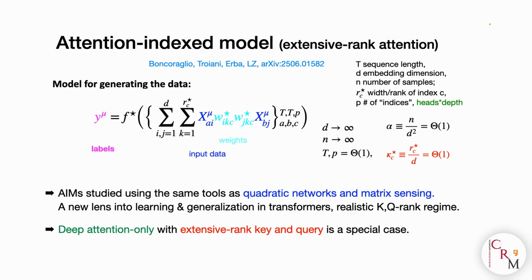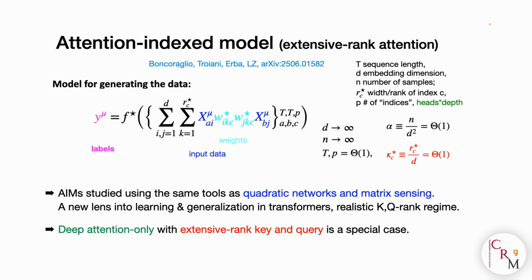So how do you think, maybe something that goes to a linear function or a static function? No, F star is really arbitrary. If you want to model, for instance, a 5-layer attention-only network, then it's just composition of these things together.